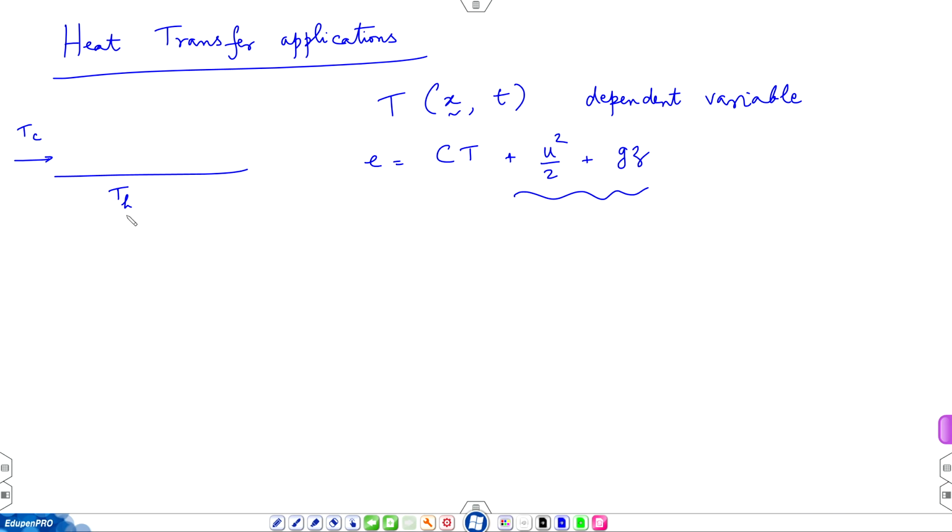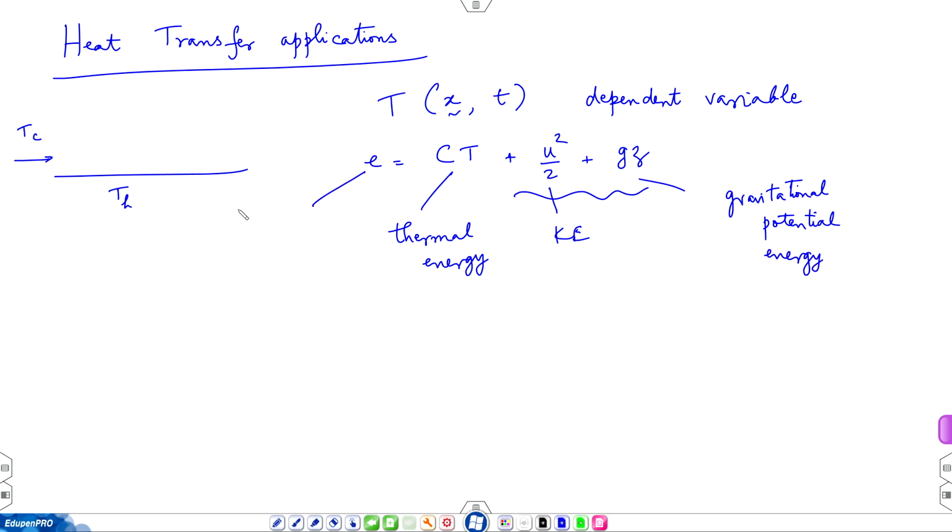It will be C times T h minus T c. Okay. So, this term is, in a colloquial manner, called thermal energy. This of course is kinetic energy, this is gravitational potential energy. And E is referred to as total energy.